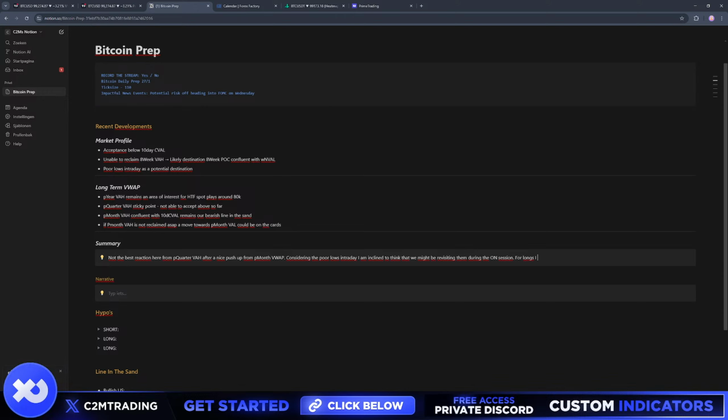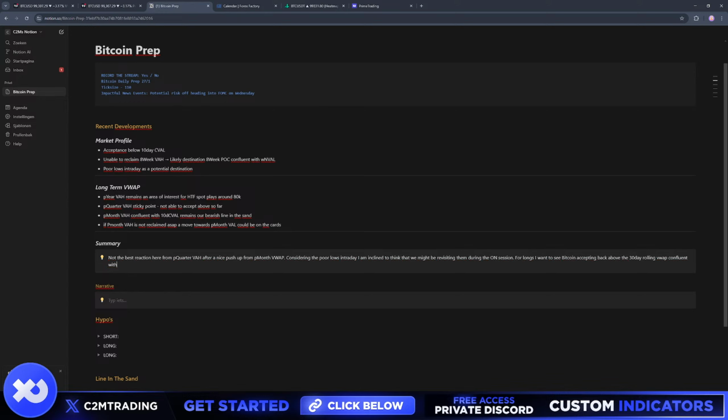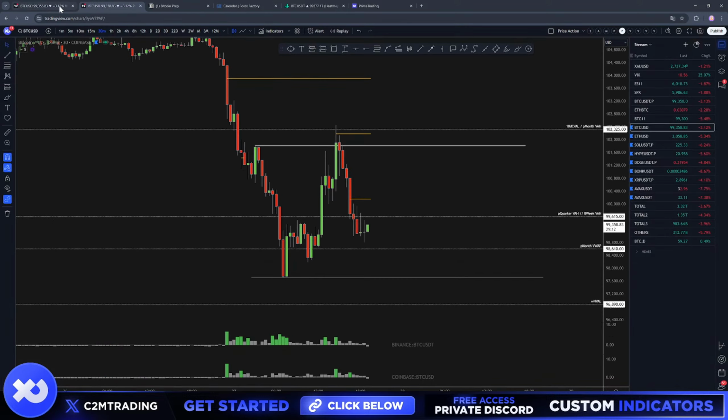For longs, I want to see Bitcoin accepting back above the 30-day rolling VWAP, confluent with previous quarter value high. Let's take a look at the rolling VWAPs real quick.